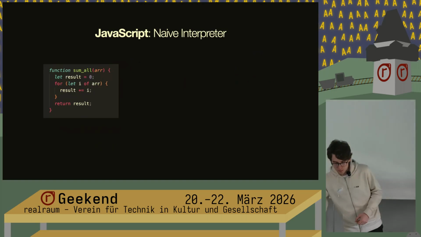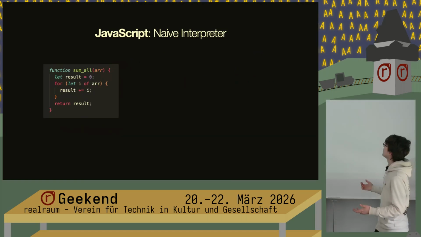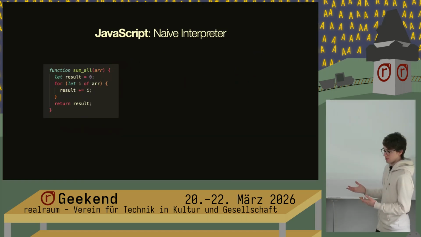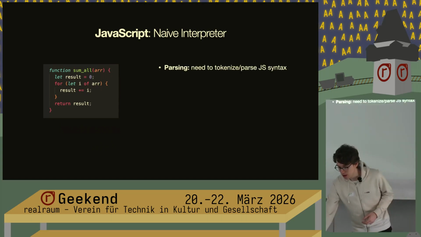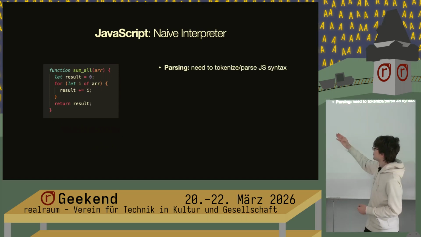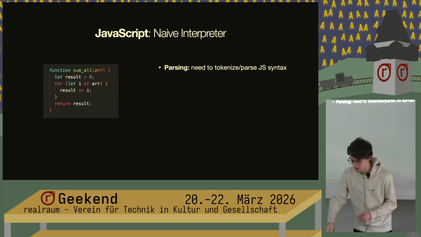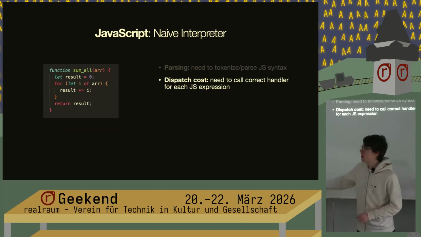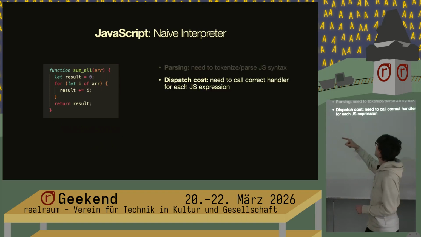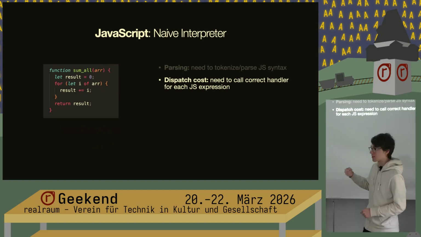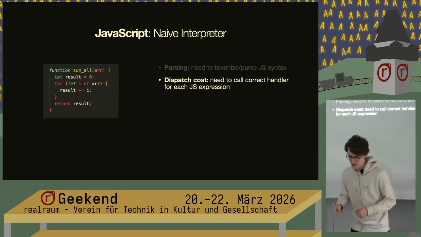Suppose that, for example, for JavaScript, we wanted to build a naive interpreter. We would need to first parse the language, go through all the tokens and convert it into an abstract syntax tree. Then we need to go through all the nodes of the abstract syntax tree and dispatch all of those, so do the giant switch case.